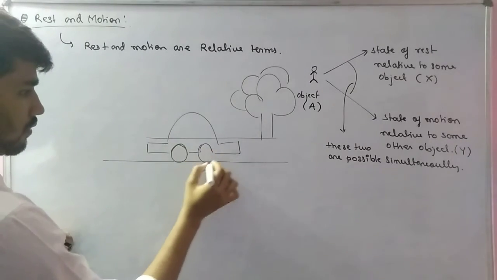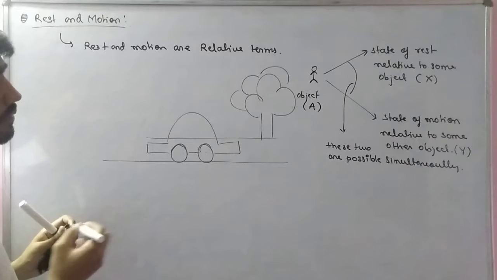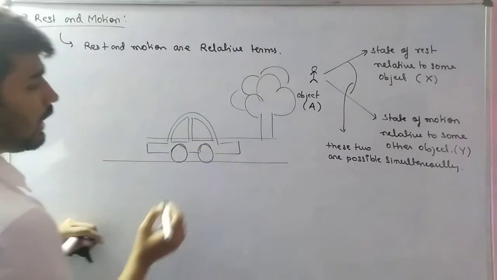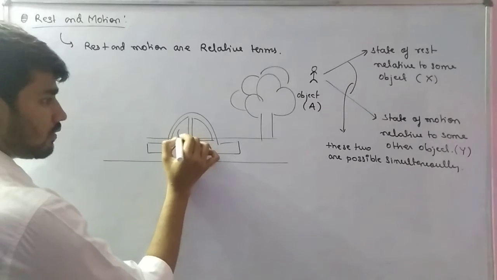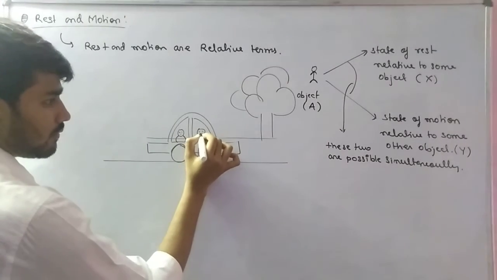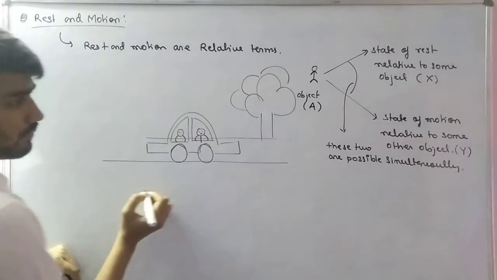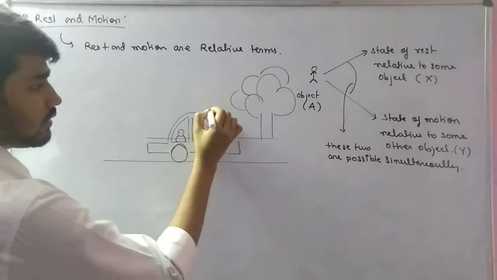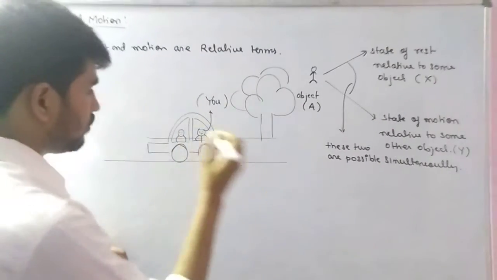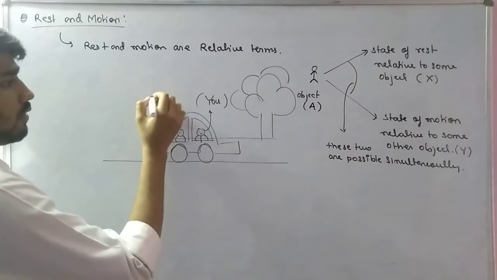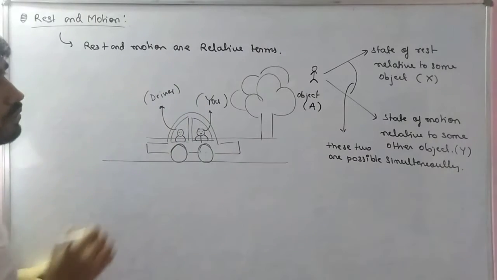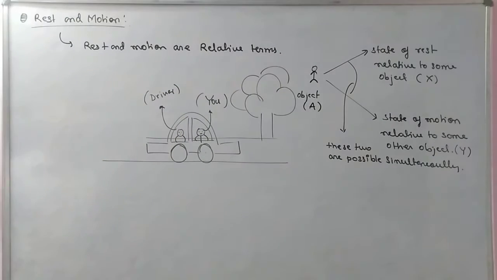We have wheels also, and this car has windows also, and over here we have one person, and over here we have another person. Suppose this is you, Y-O-U, and suppose this is your driver. Oh, rich person you are, having a driver, good.